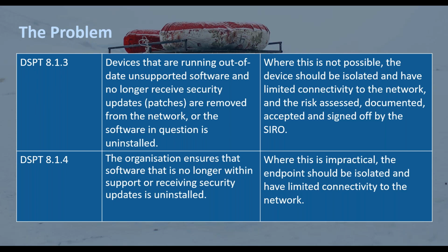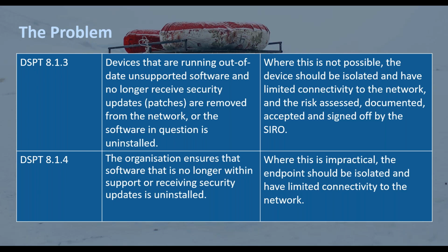The general theme of it, though, is that if there is an unsupported, unpatchable, unprotected machine or software that is running on that machine, the general line is get rid of it if you can. If you can get rid of it, great, uninstall it. Upgrade it to the latest version, whatever you need to do to prevent that issue becoming a risk to the trust itself.